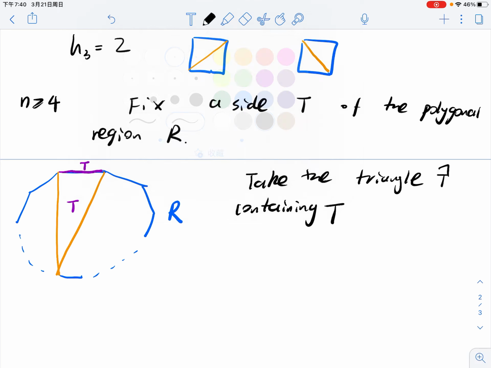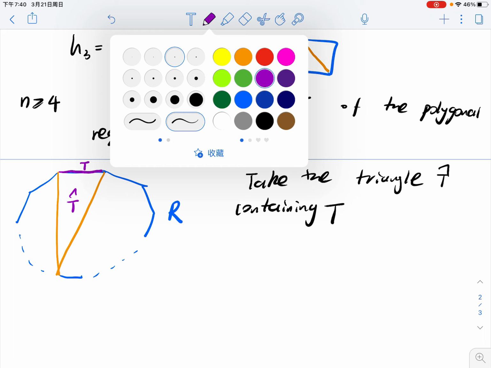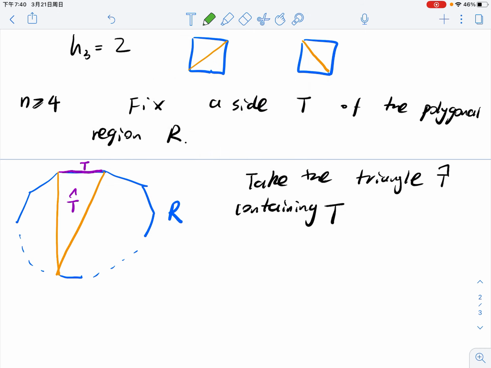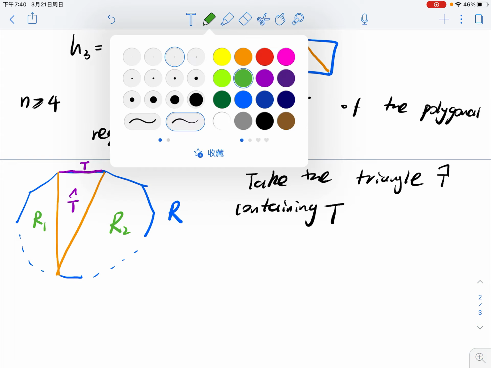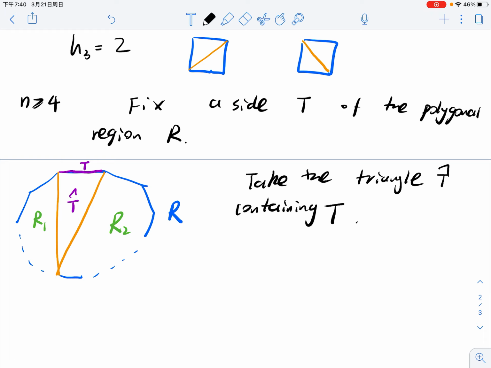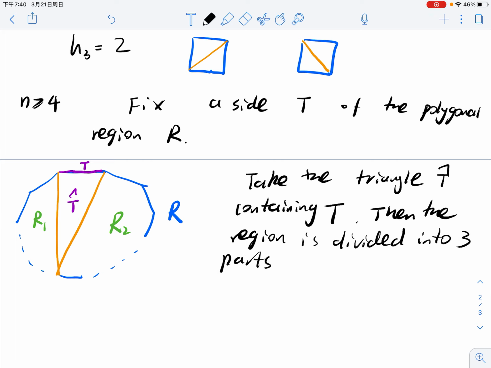After that, you notice that you actually divide the whole region R into 3 parts. One is T hat, and on the left side of T hat you have R1, on the right side you have R2. Then the region is divided into 3 parts, R1, T hat, R2.